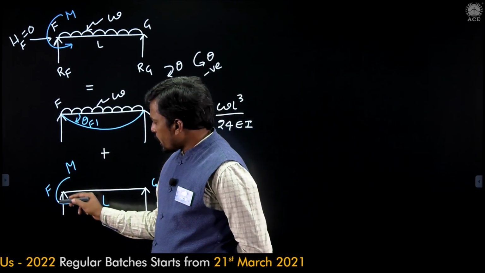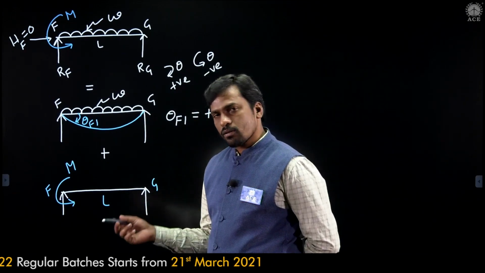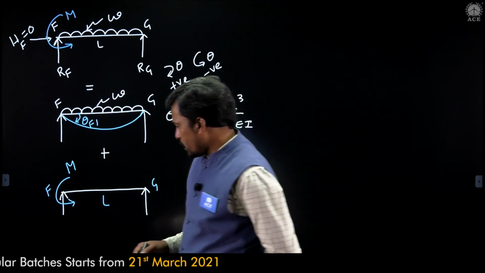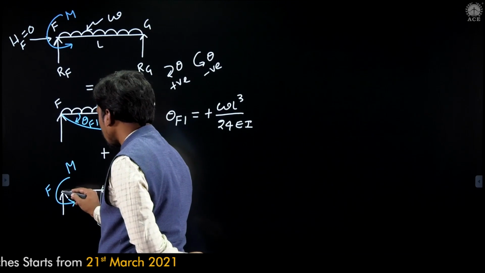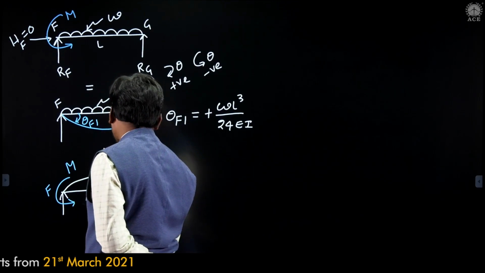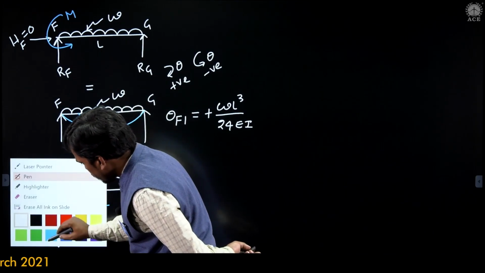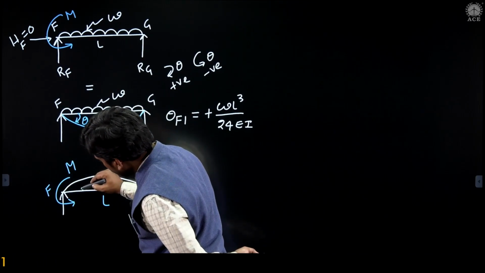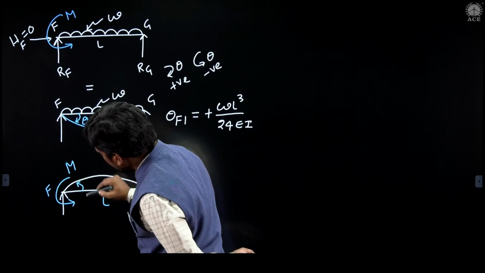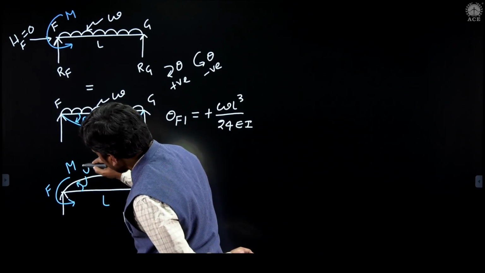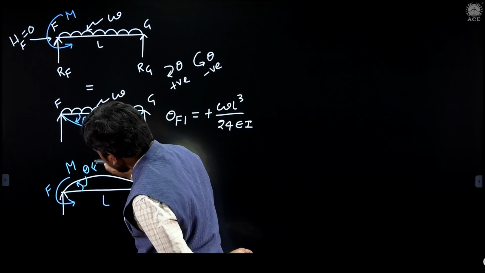Then to get anti-clockwise, I'll draw the deflected profile like this. Now check it, are you getting anti-clockwise or not? Yes, now this is anti-clockwise, this is theta, for example F2.